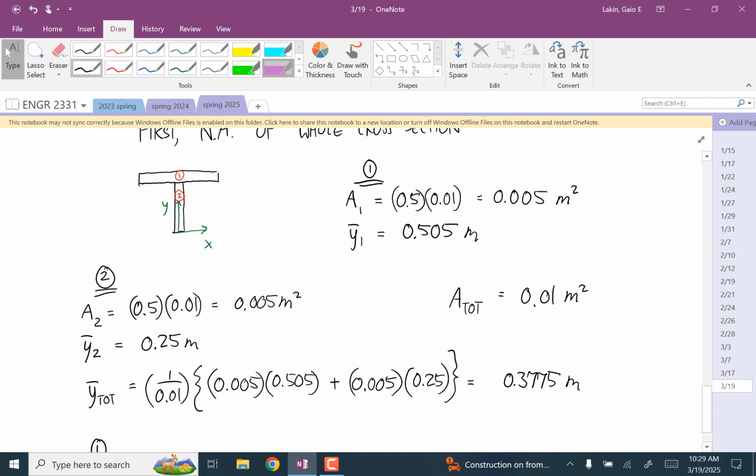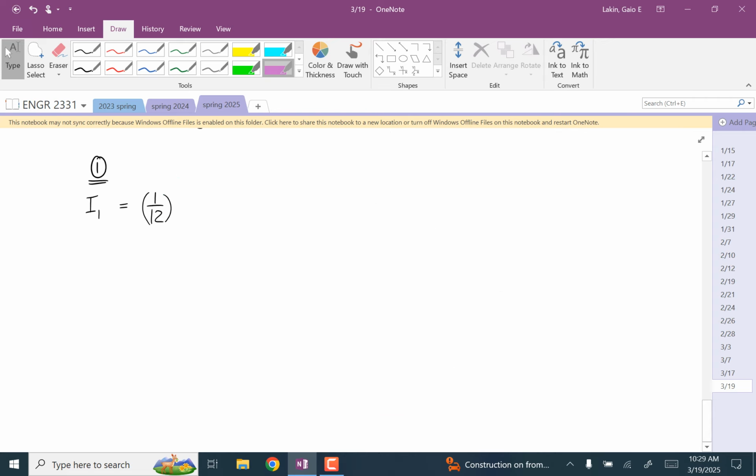So for this first one, the base is 0.5 and the height is 0.01.